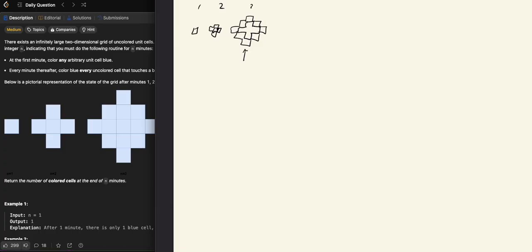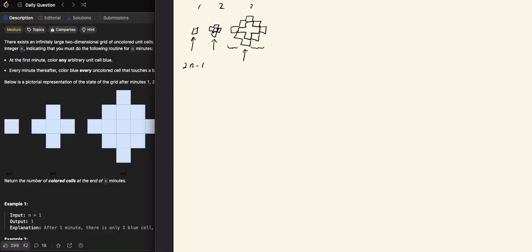So the middle column is going to have 2n minus 1 things, just by looking at the pattern, and then we have n minus 1 columns on both sides.